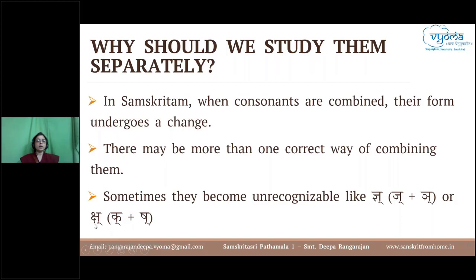So from this shape, you will not identify a k or a sh which have gone into the making of this consonant. That is why we have to be familiar with the components of a particular SamuktAkshara. 3 reasons. 1 is that they undergo a change in form. 2, there may be more than one correct way of writing it. And 3, that they become sometimes completely unrecognizable.